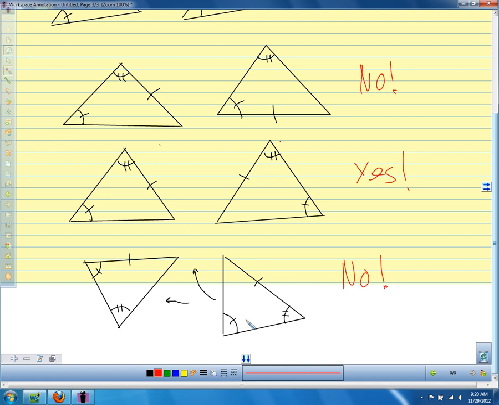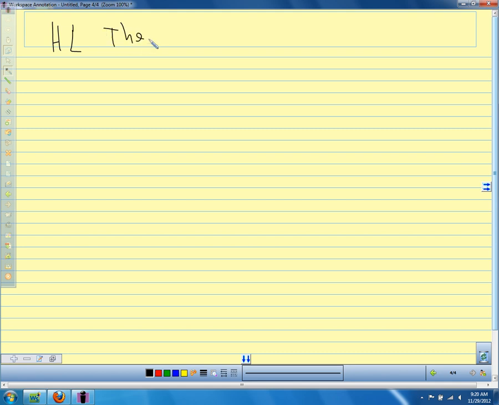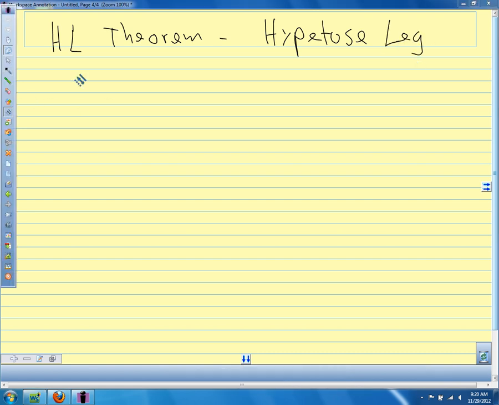All right, so we have one more bubble to fill in on our graphic organizer, and that's what we're going to do now. The next bubble says HL. And this HL is a theorem, and it stands for hypotenuse leg.